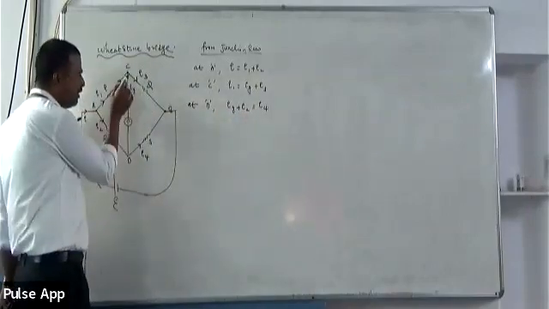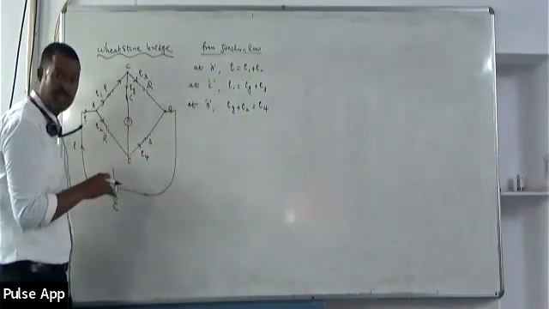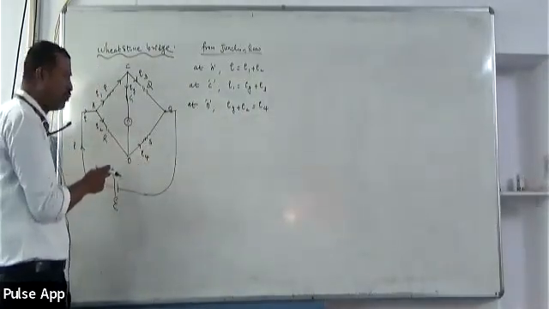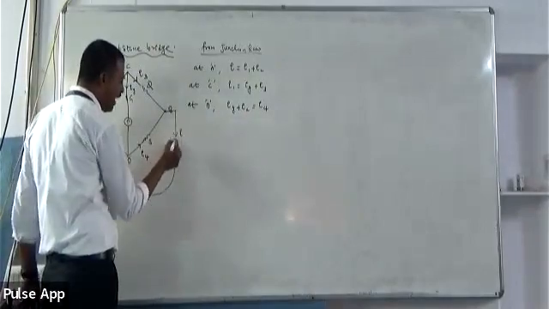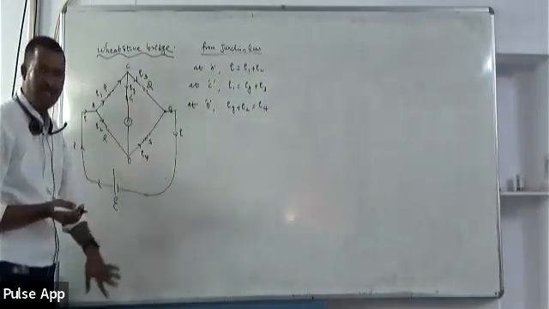Now finally, from Q the current I3 is coming towards B, and from S the I4 current is coming towards B, and the output current will again be I, because I current is entering here, I current will leave from here.